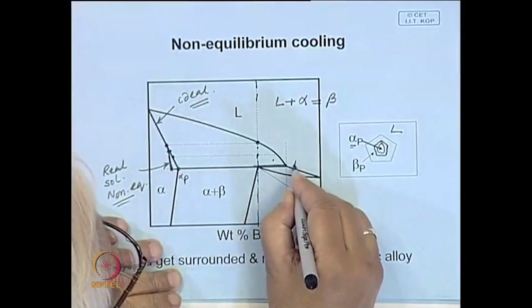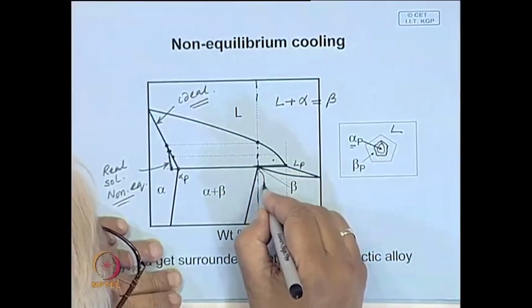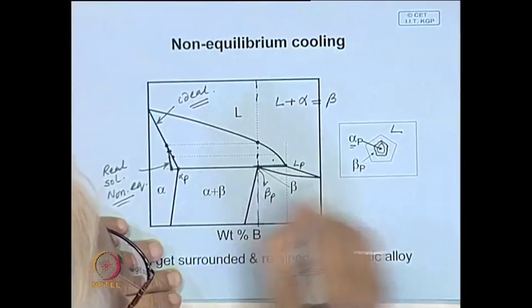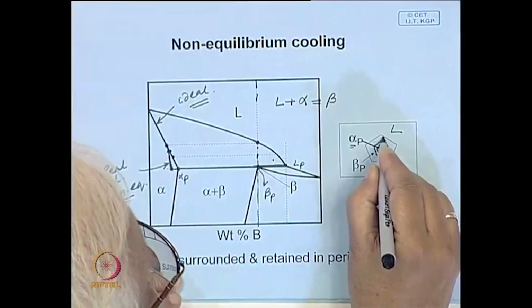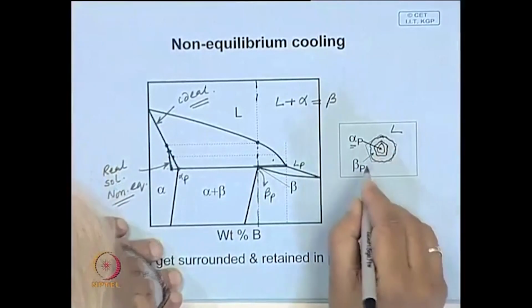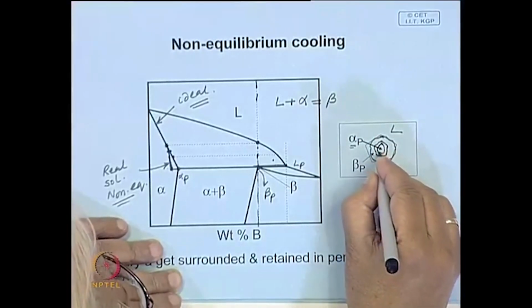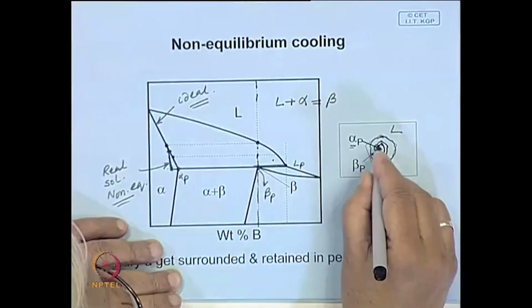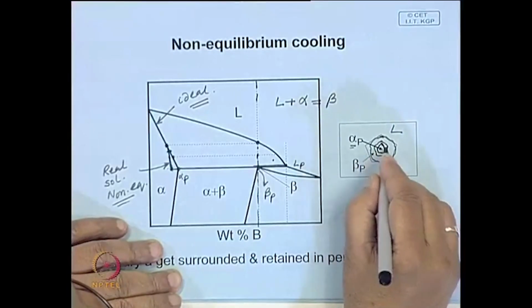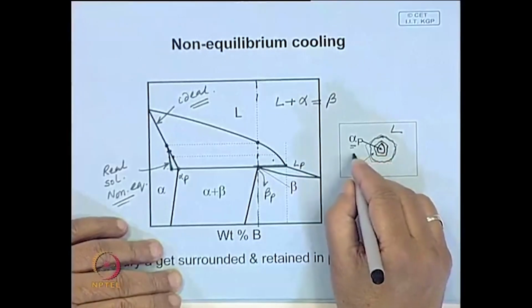This is the liquid peritectic composition. This will give you beta of that peritectic composition, and this beta will form surrounding this. So it gets encased. Now, for this alpha to react with the liquid becomes quite difficult, because it is not in contact with the liquid.